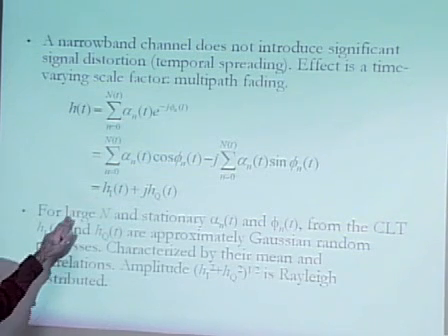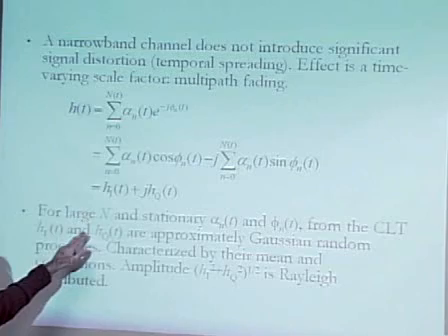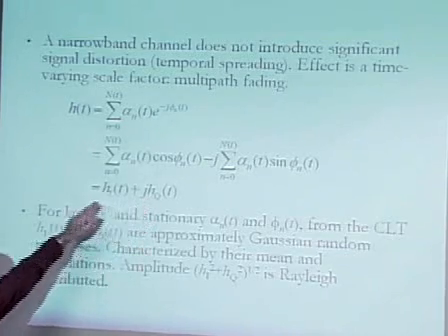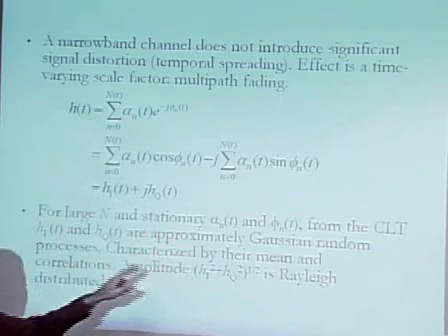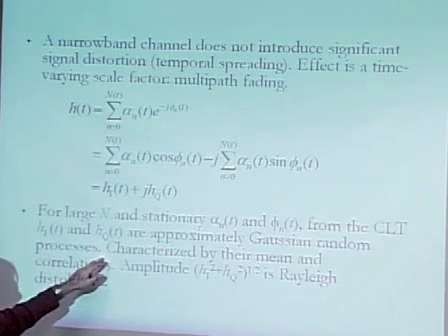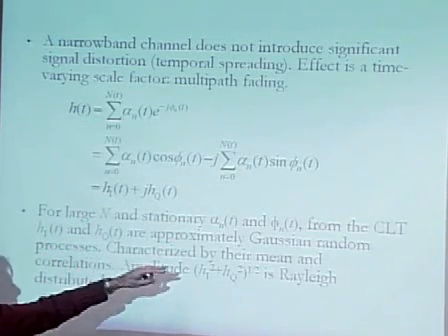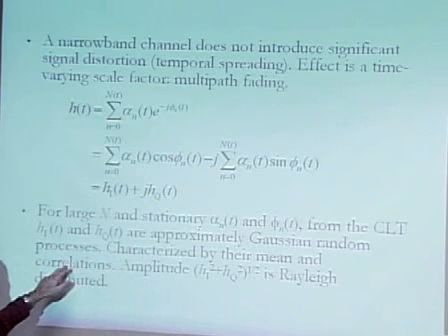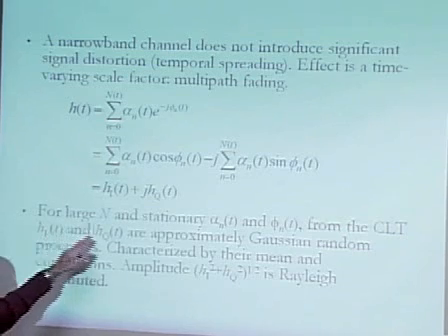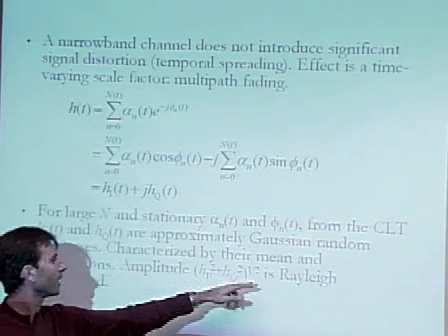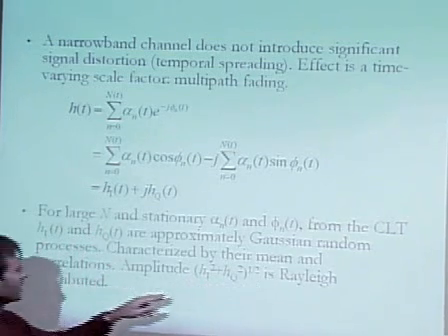So if we have a large number of reflections in the channel, we'll get that the in-phase and the quadrature components of this fading coefficient are going to be about Gaussian random processes. Okay, and so we'll study them by means of their mean and correlations. And if these are Gaussian, then the amplitude is going to be Rayleigh. So this is the property of Gaussian processes.